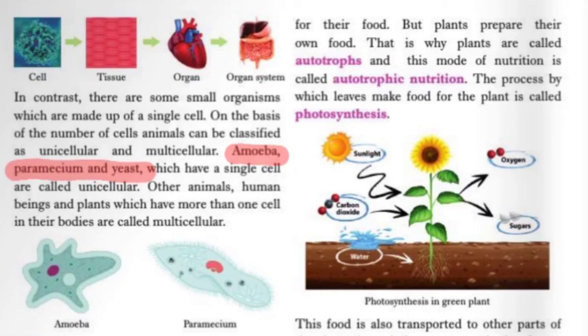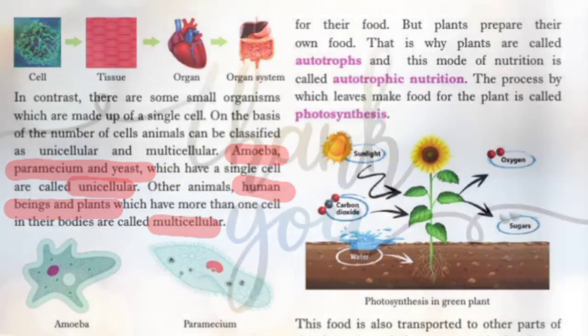On the other hand, the other animals like human beings are multicellular. We human beings and the plants have more than one cell in our bodies, so they are called multicellular animals or multicellular organisms.